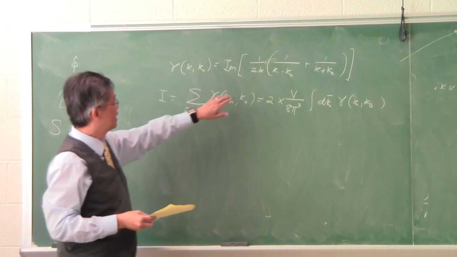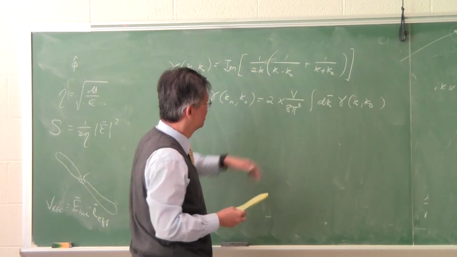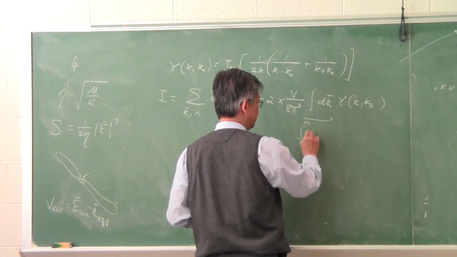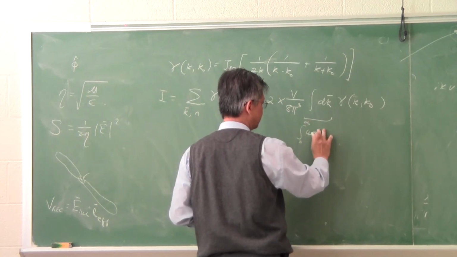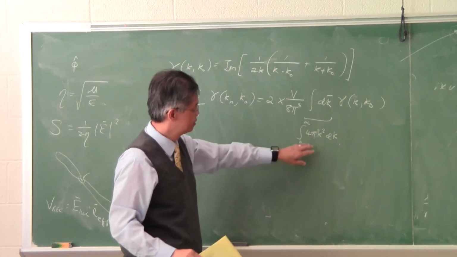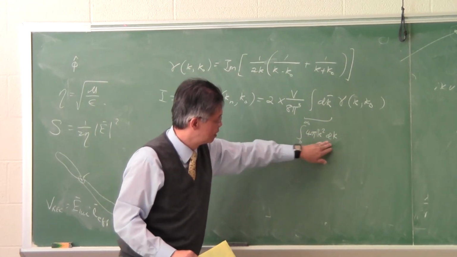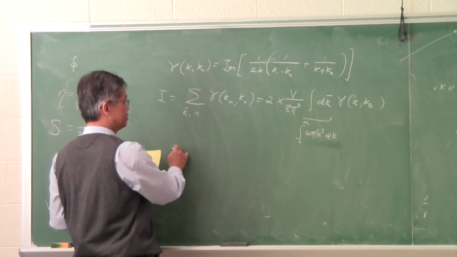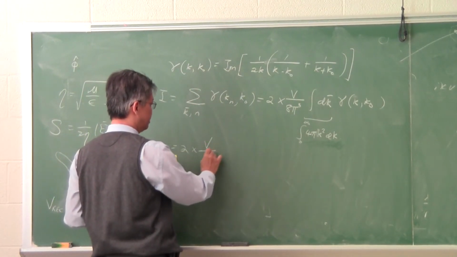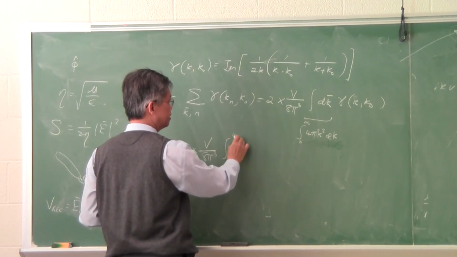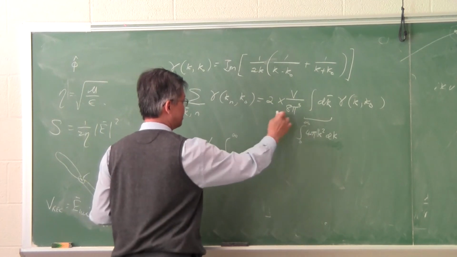Since gamma only depends on k, I can convert this integral into 0 to infinity 4 pi k squared dk. The spherical coordinate part is integrated out, and I only have the radial part to integrate. So this I finally is equal to 2 times v over 8 pi cubed, 0 to infinity. Let me cancel the 2 pi's.